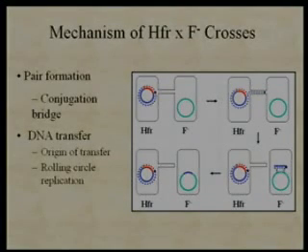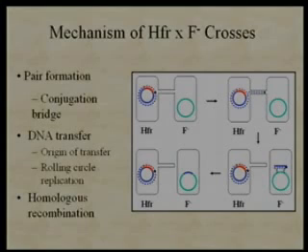Now we have to get homologous recombination in order to get stable exchange of genetic information. So in this type of conjugation, those rec genes are also going to be required because this requires homology. So we get a homologous recombination event occurring to get stable exchange. All right? So look what's happened here. The original recipient has remained a recipient.